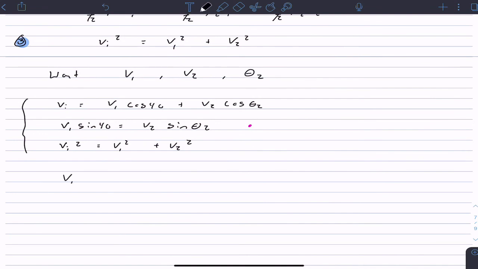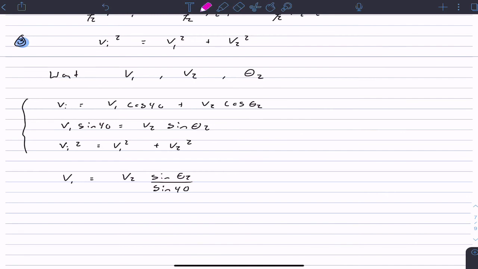So v1 is equal to v2 sine theta 2 over sine 40. Then we'll plug that one into this guy.